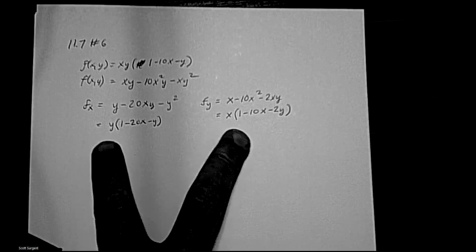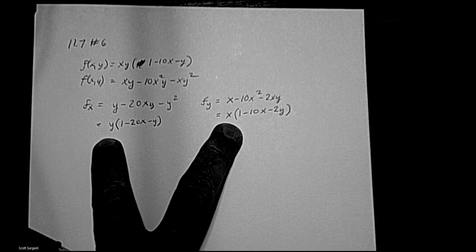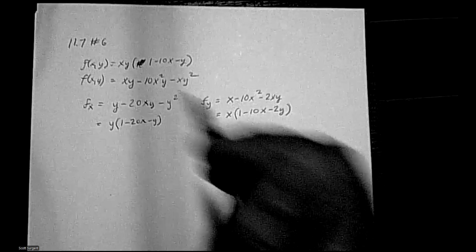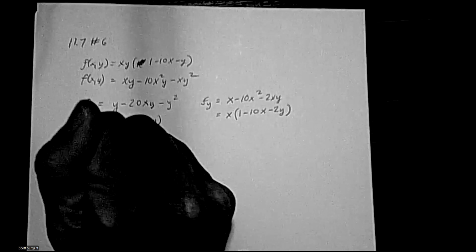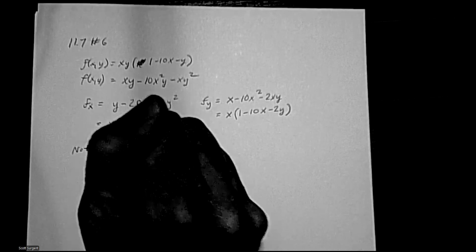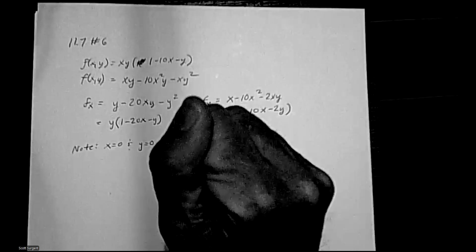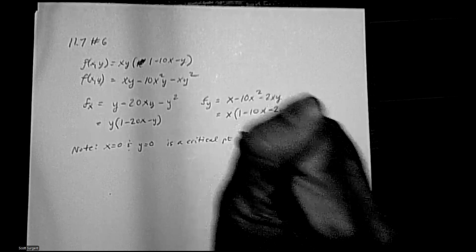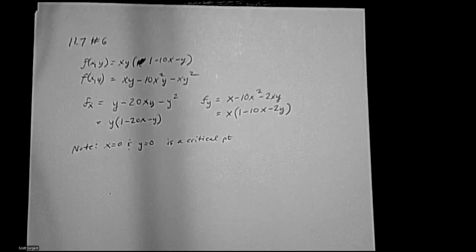One answer is pretty obvious: if you set x and y to zero simultaneously, that's a critical point. So x equals zero and y equals zero is a critical point. That's the easy one.